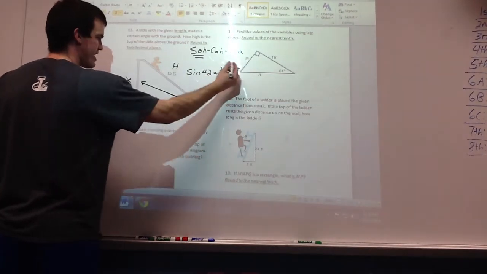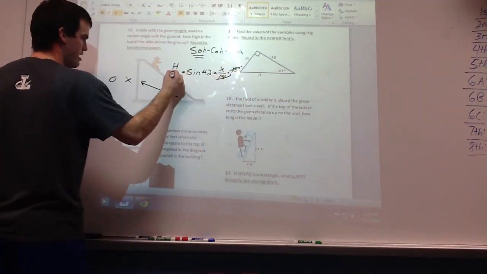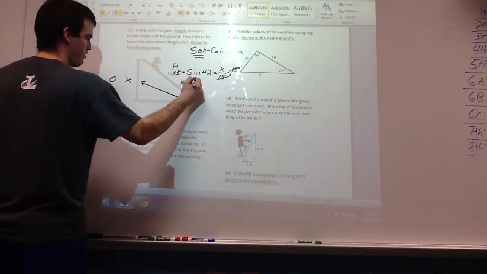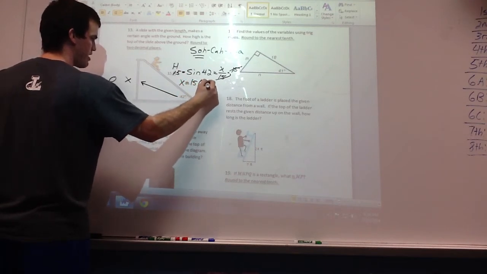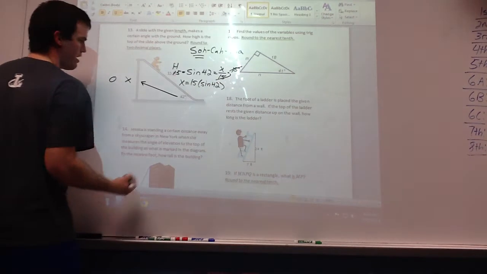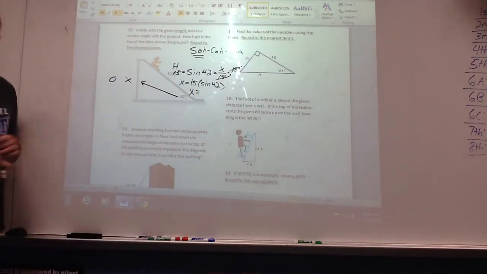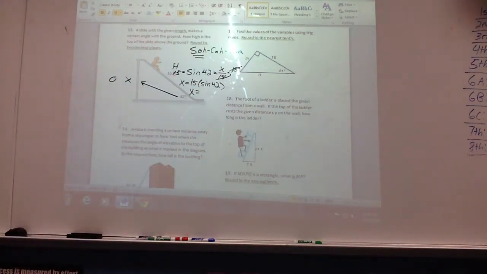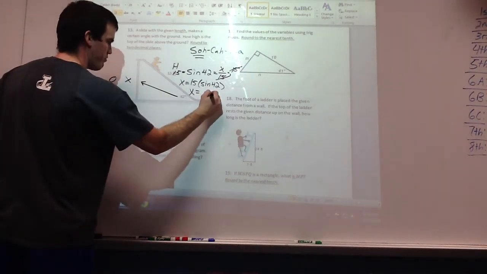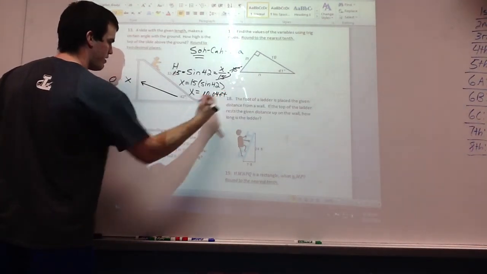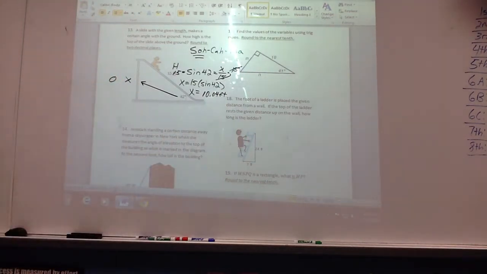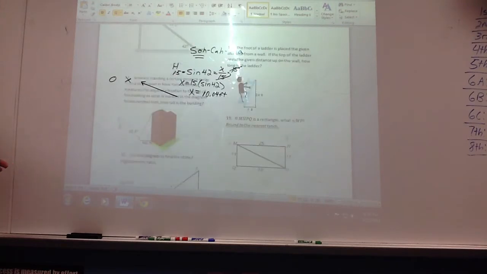When something is in the denominator here, we have to multiply to get rid of it. So here we have x equals 15 times the sine of 42. So in this case, x is going to equal 10.04 feet. If you rounded to 10, that would be okay, but try to keep it 10.04.